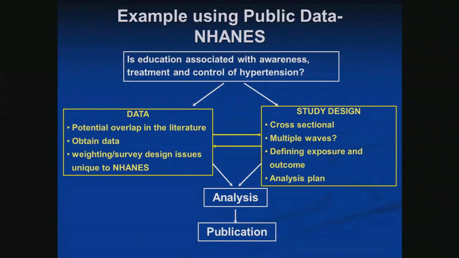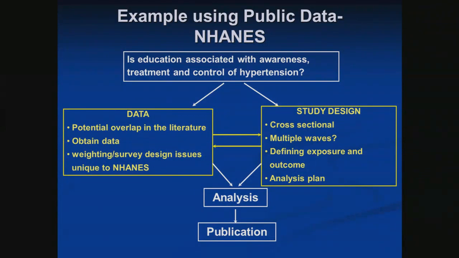And very sophisticated data sets like NHANES have already created these weights, and there are certain ways to use them. For example, NHANES is meant to be representative of the US population. That's one of its strengths. But in order to make it representative, you have to utilize the weights analytically.